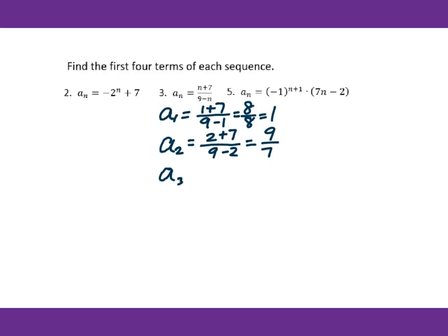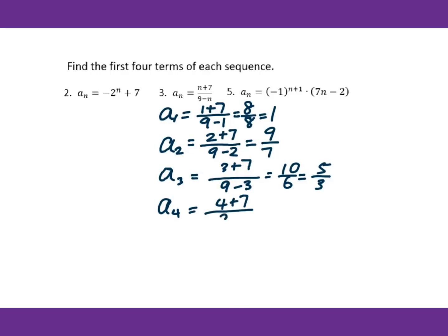A sub 3 equals 3 plus 7 over 9 minus 3, you get 10 over 6, which is 5 over 3. A sub 4 equals 4 plus 7 over 9 minus 4, you get 11 over 5.